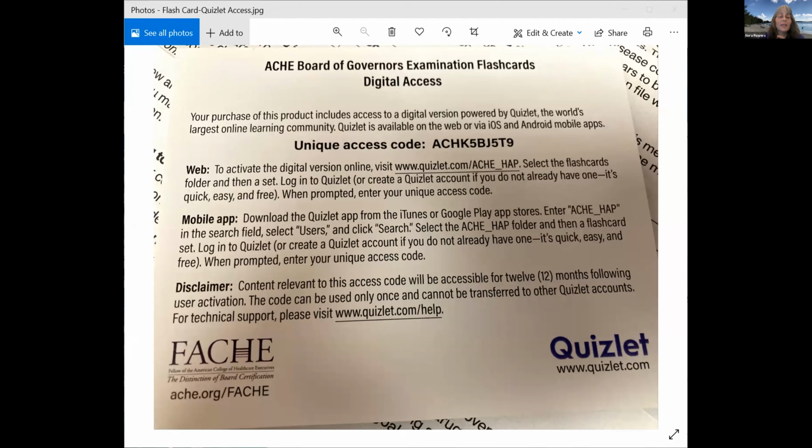He'd sent me this and I had neglected to put it in. I will add this to an updated FAQ that I'll be sending out in the next email. This shows the unique code you'll get, and it's good for 12 months. It's not transferable to someone else. But I think it's the best thing since sliced bread. I really do think it's helpful.